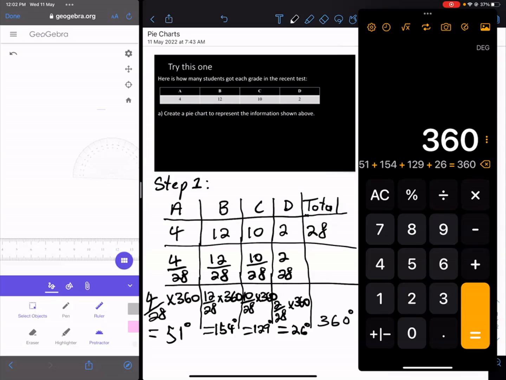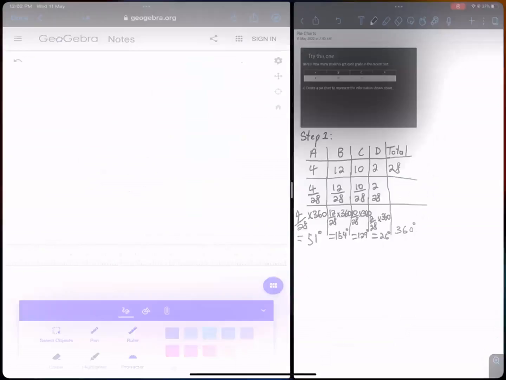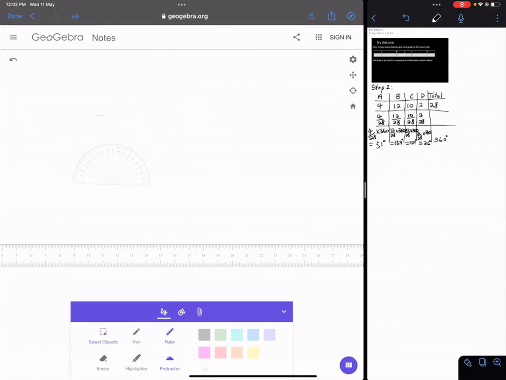So we can now proceed to continue with our pie chart. So to create our pie chart, we need to have our specific tools. These tools consist of a protractor and a ruler. A protractor and a ruler.